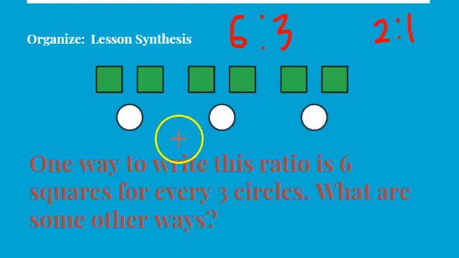You could also think of this as saying that it's 3 white circles to 6 green squares. But you have to make sure that what you say matches up with what's going on here. And since we typically read from left to right and from top to bottom, we would say this as a 6 to 3 ratio, or we could also think of it as a 2 to 1 ratio. Both would be acceptable ways to say this one.